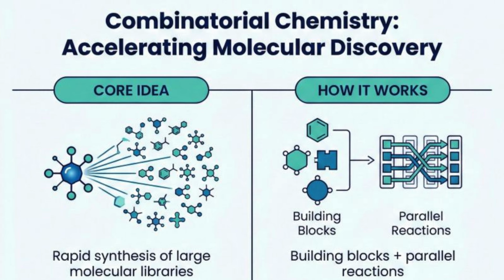Combinatorial chemistry is a synthetic strategy designed to generate large collections of structurally diverse compounds, known as chemical libraries, through systematic and repetitive assembly of molecular building blocks. These libraries are subsequently screened to identify compounds with desirable biological or physicochemical properties.